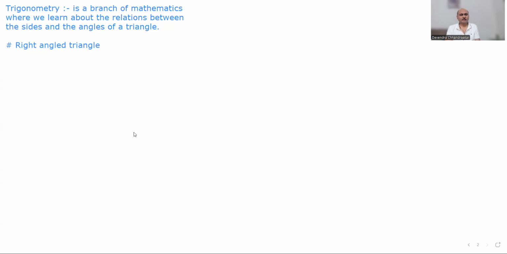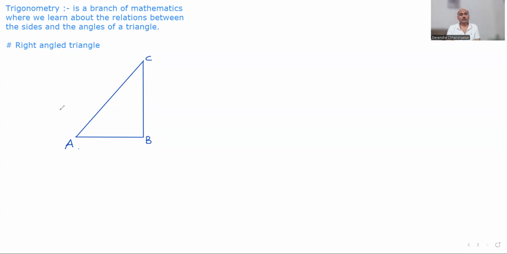So this is a right angled triangle, and this is A, B, and side C, vertex C, the three vertices, right?